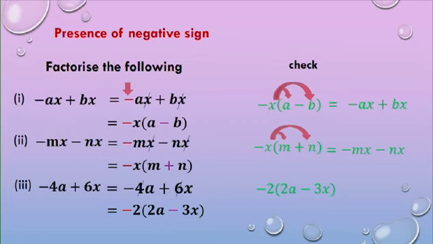So factorizing minus 4a plus 6x is minus 2 into 2a minus 3x. Through expansion, minus 2 times 2a is minus 4a, and minus 2 times minus 3x is positive 6x. As you can see, whenever you are factorizing an algebraic term, you can always check your answer through expansion.